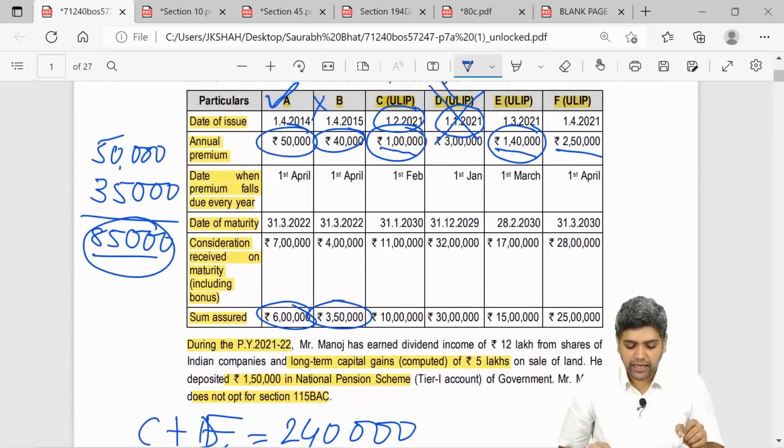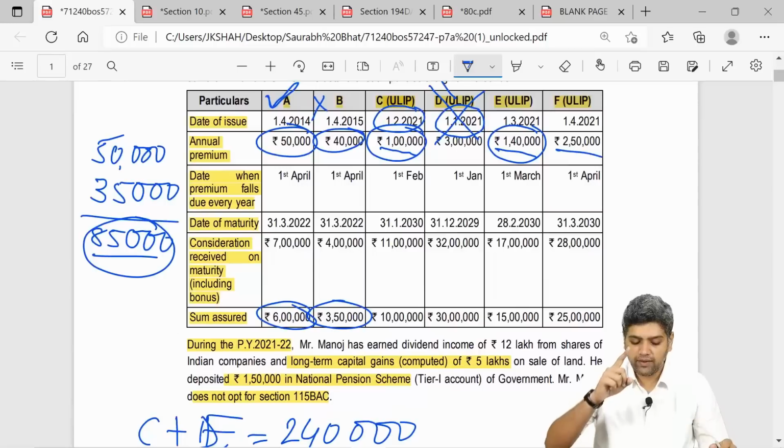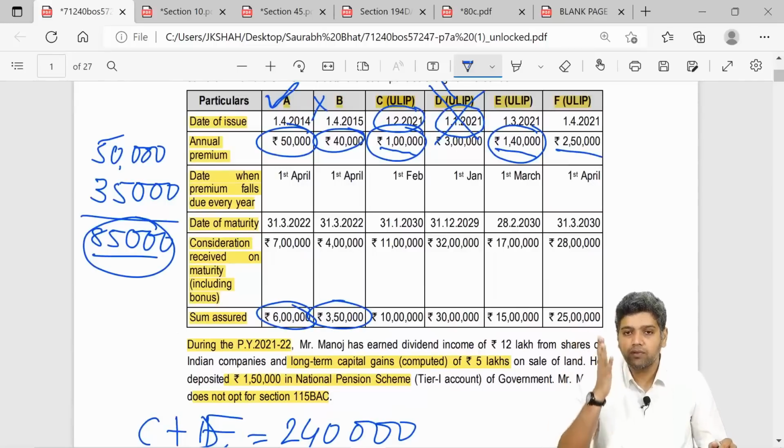Other than that, any option which you take, let's say C plus F, it's exceeding 2,50,000. E plus F, 1,40,000 plus 2,50,000, again it's exceeding 2,50,000.